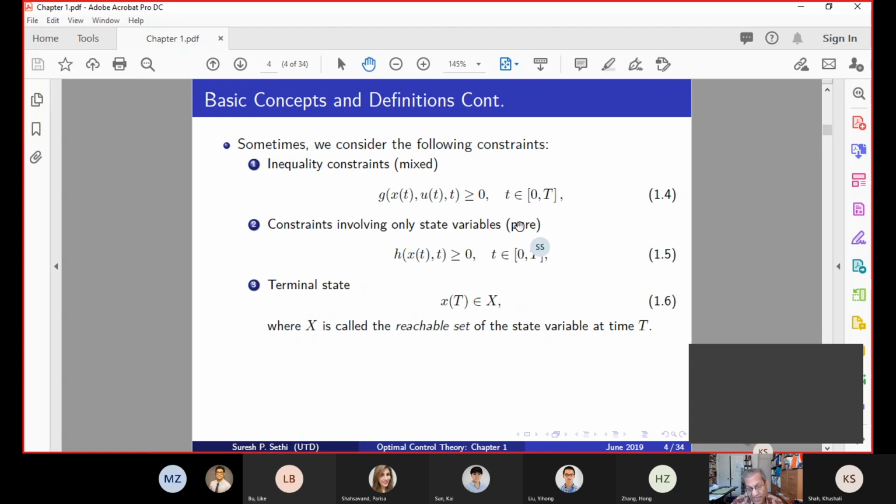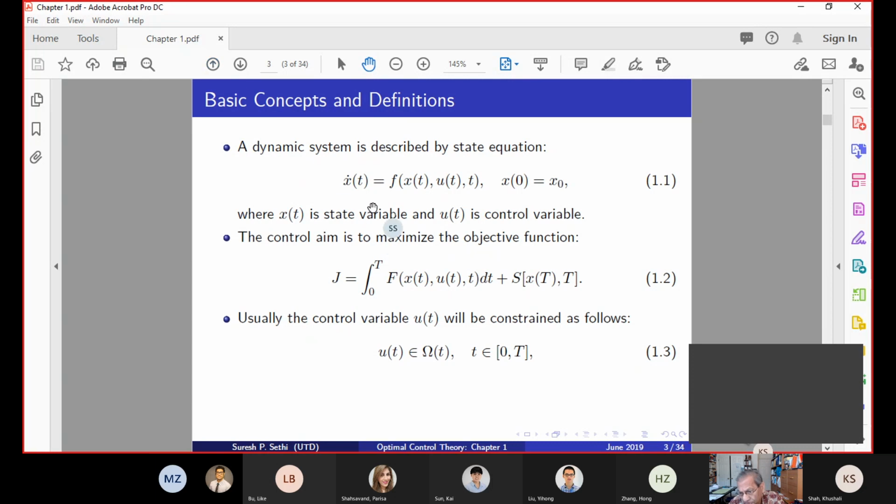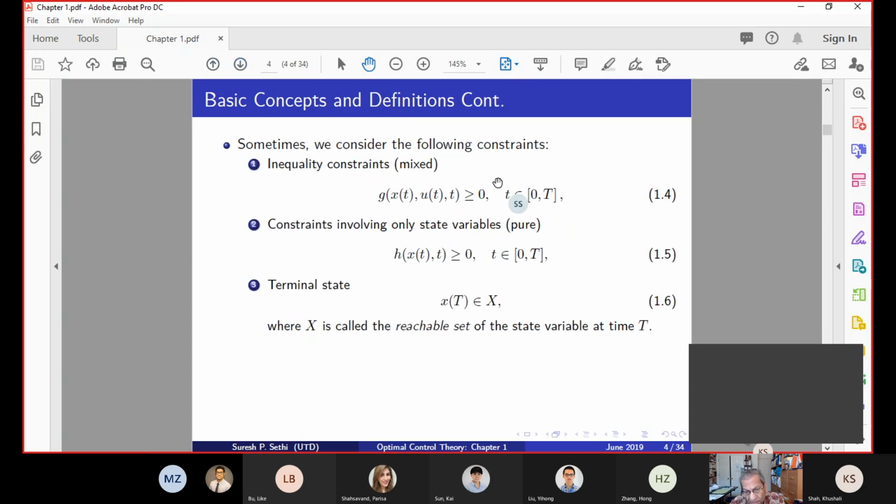These are called pure state constraints. The reason I make a distinction between the two is that these are easier to handle and these are more difficult to handle. So these are dealt with in chapter 3, and these are dealt with in chapter 4. So we are going to deal with this problem in chapter 2, this problem in chapter 3, and this problem in chapter 4.